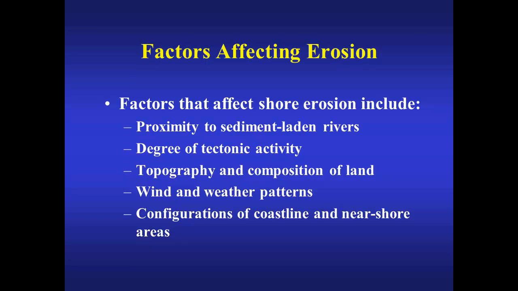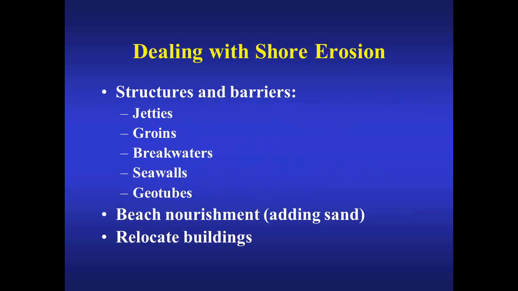And as a result, headlands tend to erode quite quickly, whereas coves or other types of recesses within the coastline are places where wave refraction tends to spread out. And as a result, these are places that are receiving minimal impact by incoming waves and are most likely to have beaches developing within those coves.